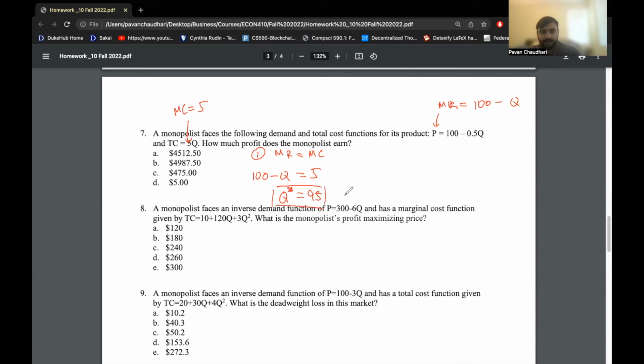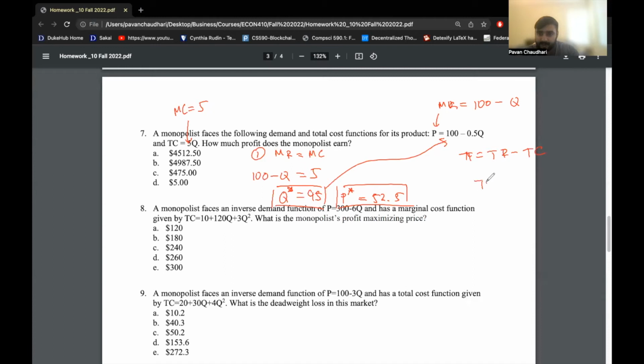Okay. Then we get P star by plugging it in. Again, we plug it into the demand function, not the marginal revenue function, and we get P star is 52.5. After doing this, it's just like in perfect competition, where profit is total revenue minus total cost.